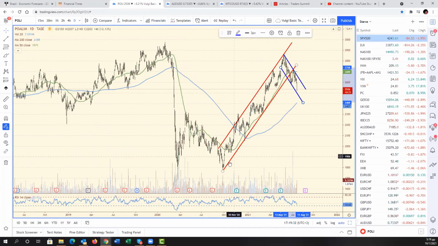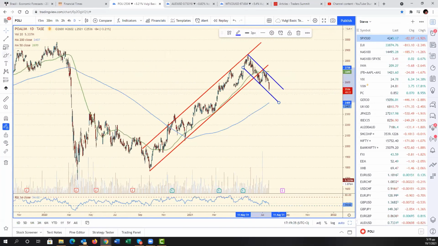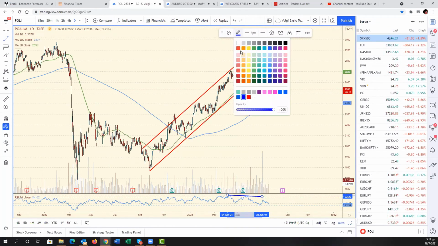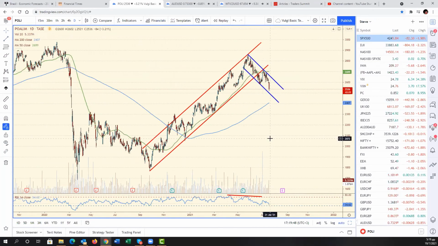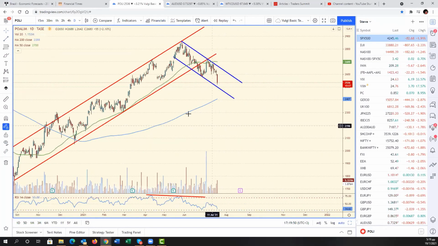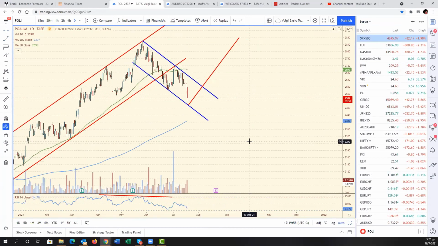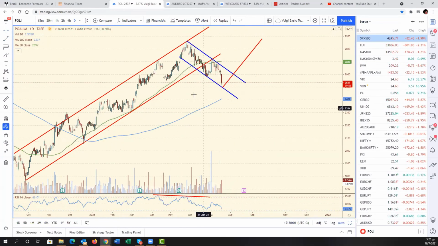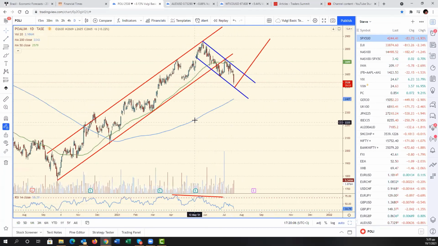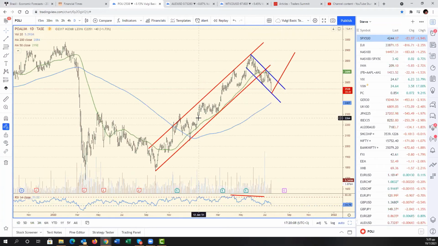We've broken through this bull trend, right? RSI was already showing and pointing in that direction for some time. But as long as we hold this channel, there is a possibility that this is just an orderly pullback.